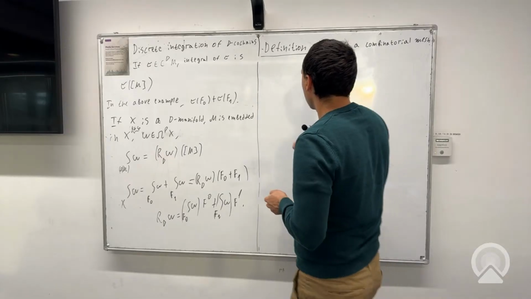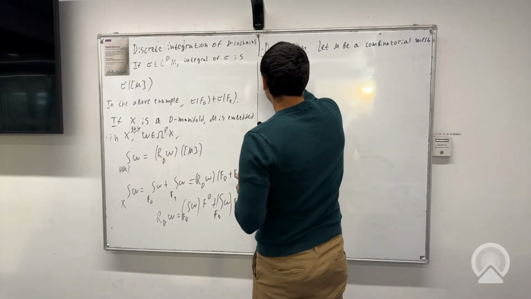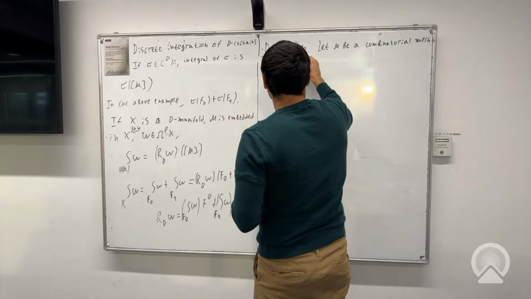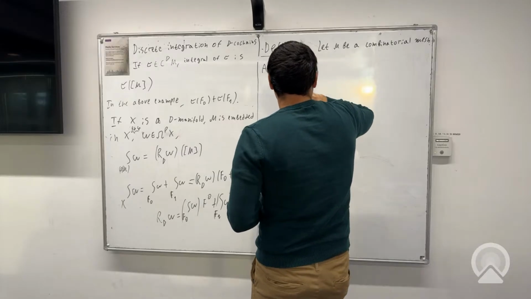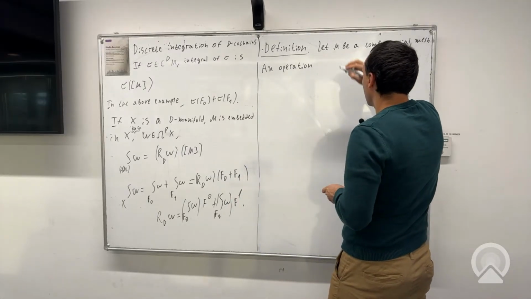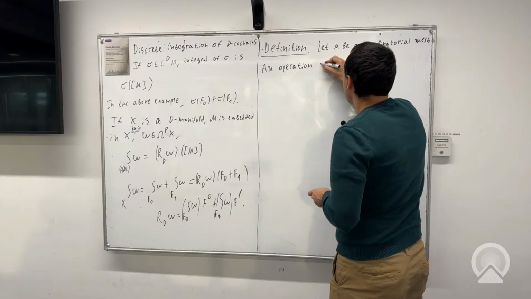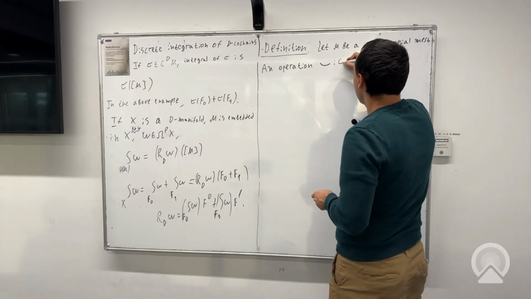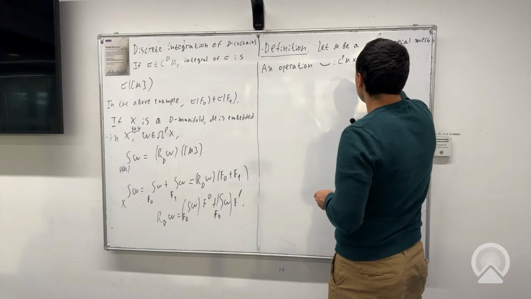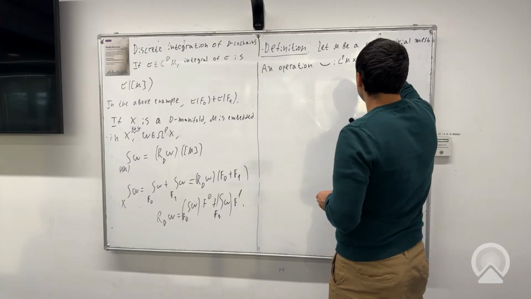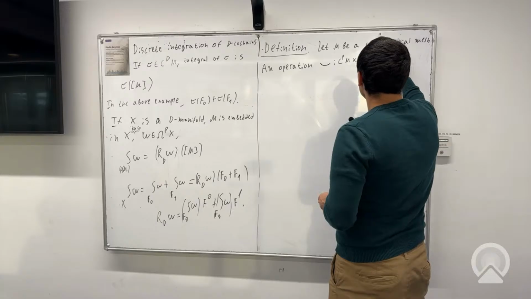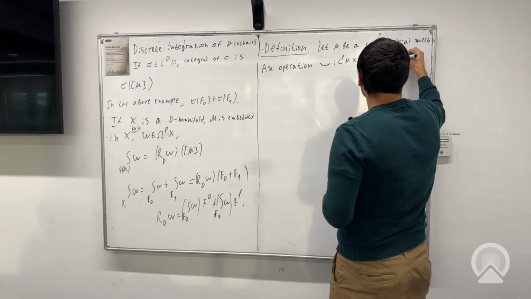An operation, this smile symbol, from C^P(M) times C^Q(M) to C^{P+Q}(M).